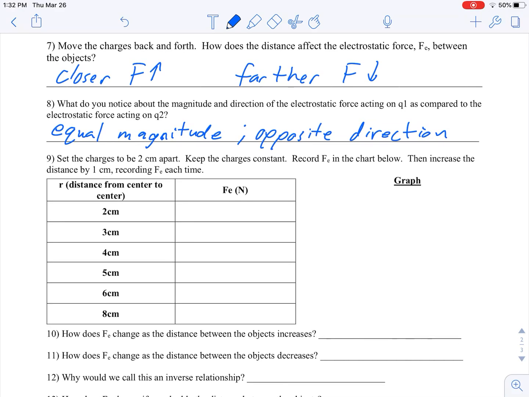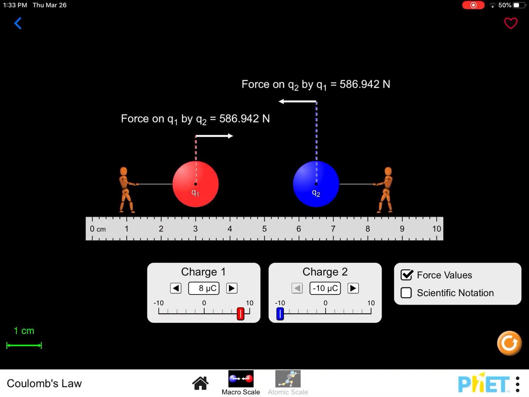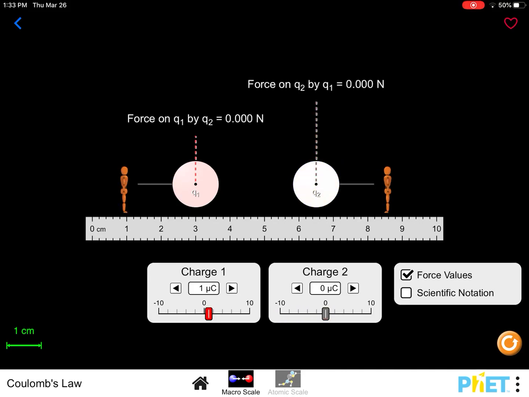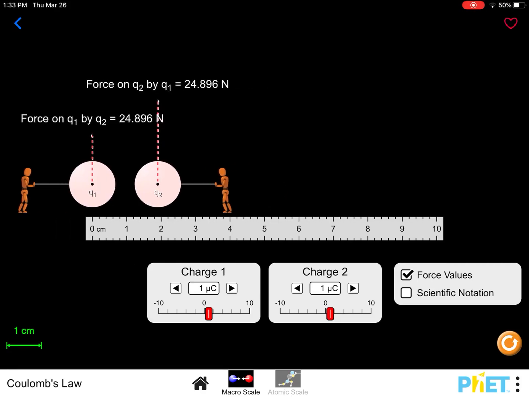So now we're going to take some data. Make sure you can do this data on your own. It says set the distance between the charges to 2 centimeters apart, and then record the forces. It actually doesn't matter what you make the charge itself. We'll keep that easy though. We'll make the charges like 1 and 1, just to keep it simple. Don't make either of them 0 though. So put this one here, and we'll put this one at 2. It's kind of hard to get it exactly at 2.